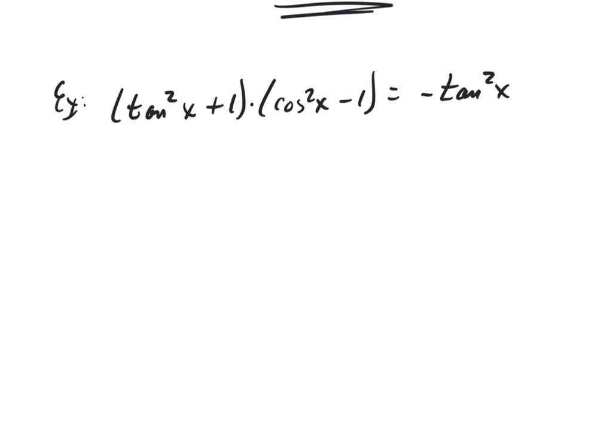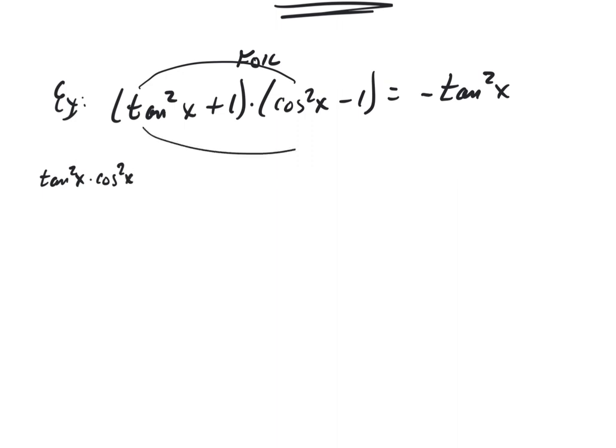I could do it twice just to show you that both of them work, right? So, just for the heck of it, maybe I'll start by doing this one as a FOIL problem. So I'm going to start by FOILing the left side. So what I'm going to do is multiply the firsts, so that's going to be tangent squared times cosine squared.